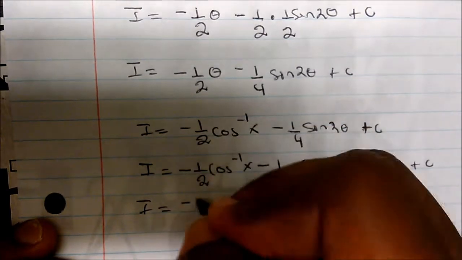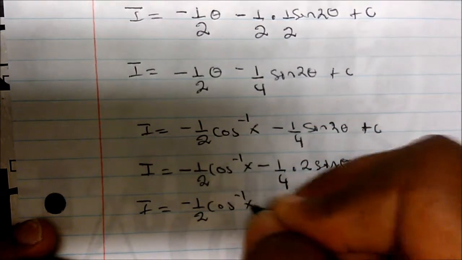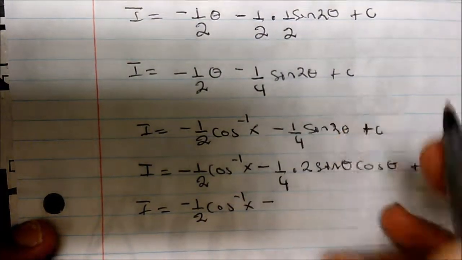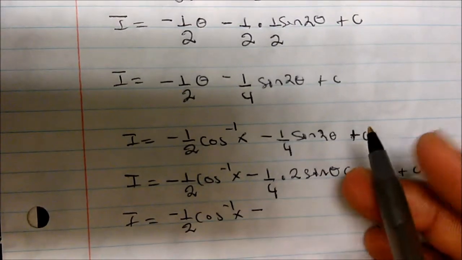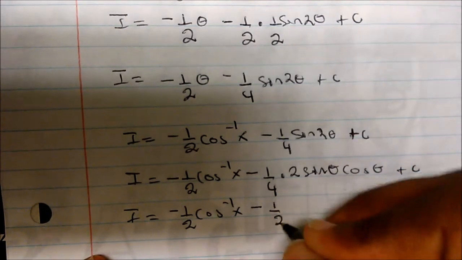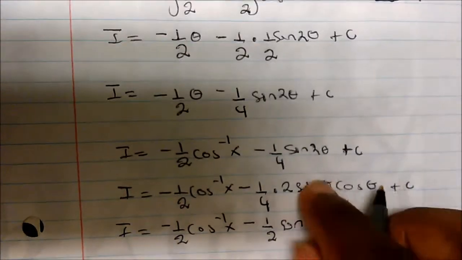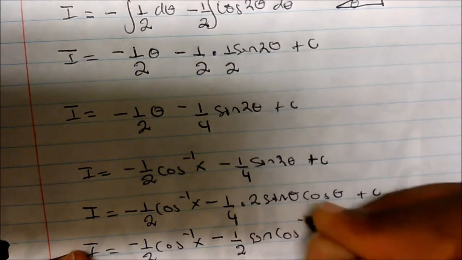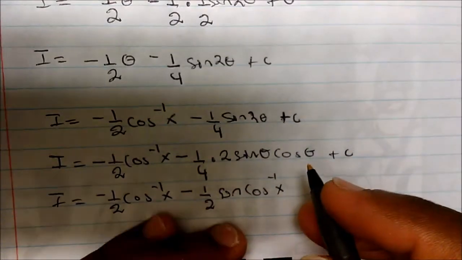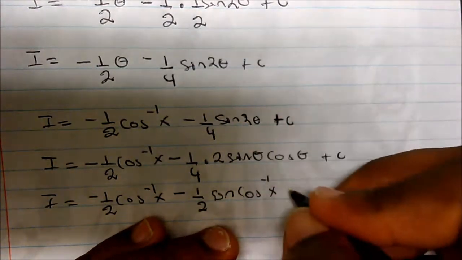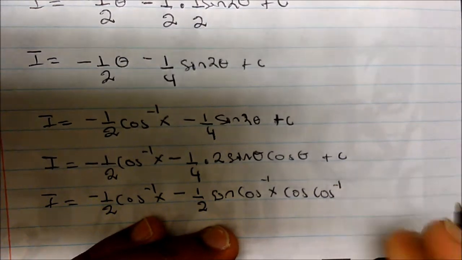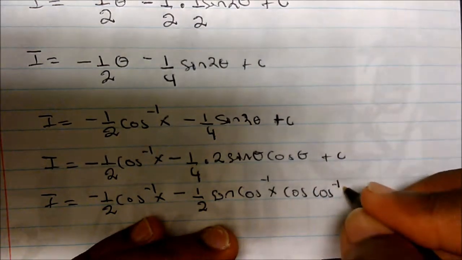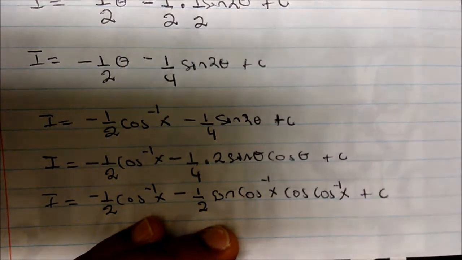So I can rewrite this as negative 1/2 cosine inverse of x minus, well, 2/4 is 1/2, times sine of cosine inverse of x, multiplied by cosine of cosine inverse of x, plus c.